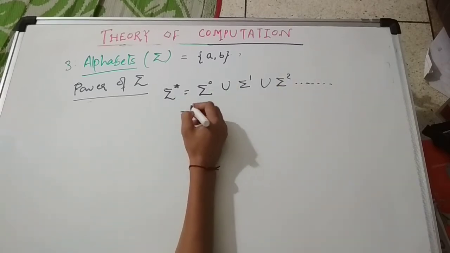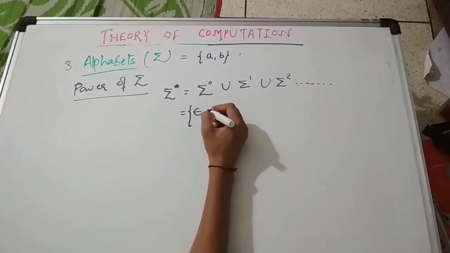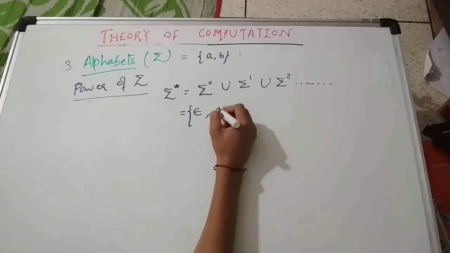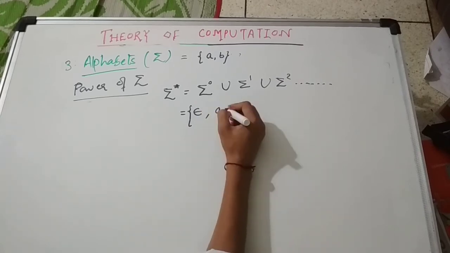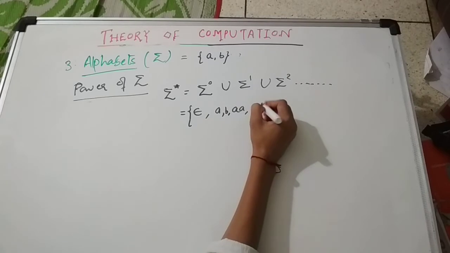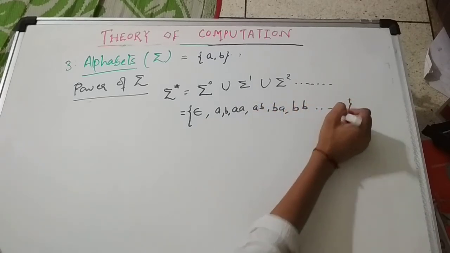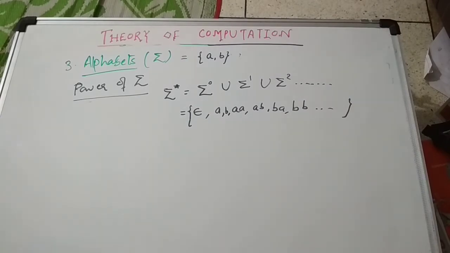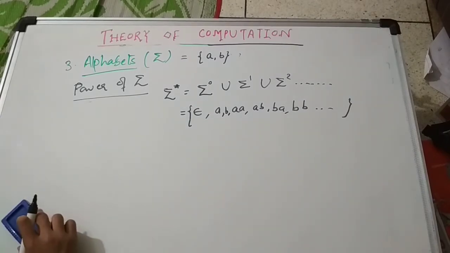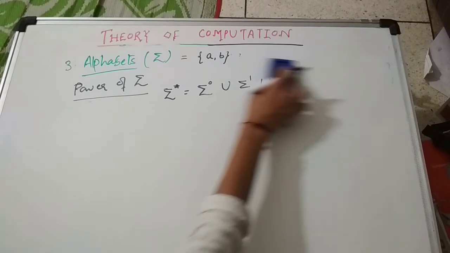That means we have a combination of epsilon, a, b, and so on, of all lengths that can be formed over that alphabet.